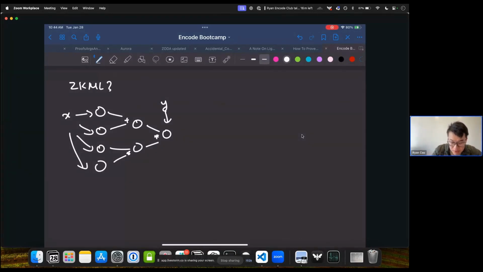So if we revisit the thing that we had earlier, which is f of x comma theta final equals y hat, what we are doing in zkML is proving that when you run f, which is fixed, and theta final, which is fixed, on x, which is given to you, then the output that you get is actually y hat and not some other y hat prime, which is malicious, right?